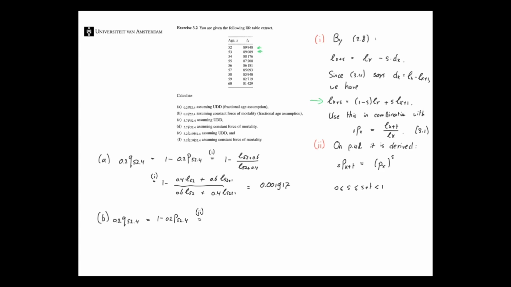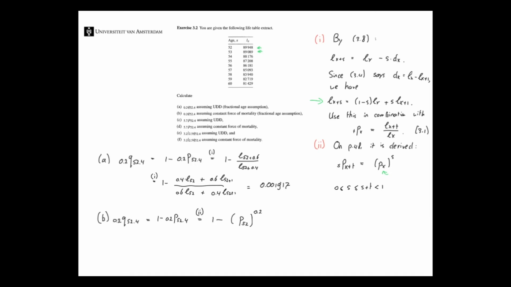So instead of 0.2p52.4, it simply becomes p52. So the fractional part is eliminated, right? We see that here. It's not x plus t anymore, so it's not 52.4, but just 52, and then this is raised to the power of s, which is in this case 0.2.